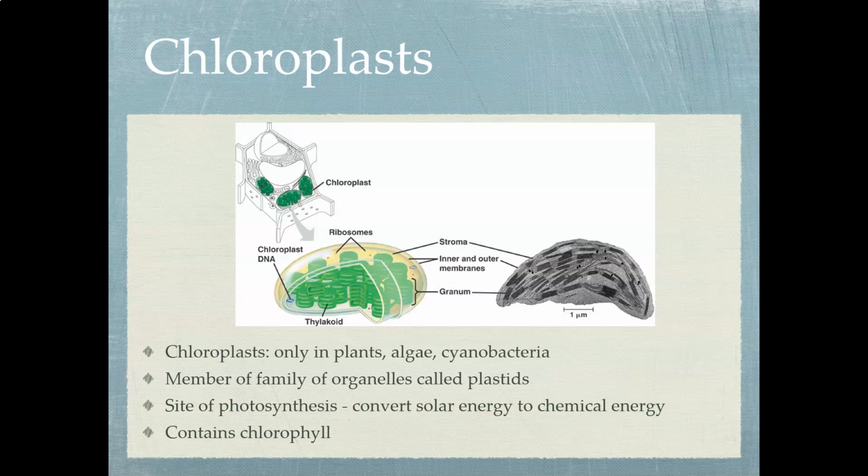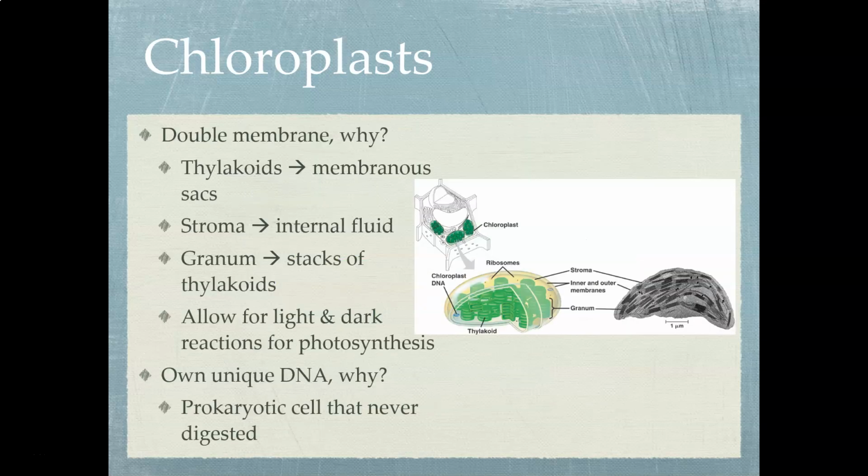These guys also have ribosomes, and also contain their own DNA, because they also fit within that endosymbiotic theory. So again, these are going to allow for both the light and dark reactions for photosynthesis. We'll talk about what those mean when we get to that point.